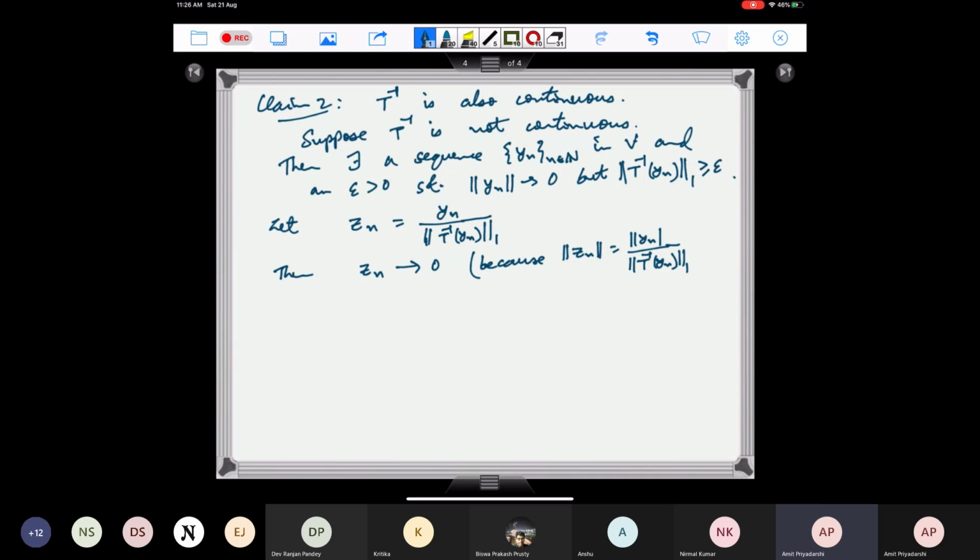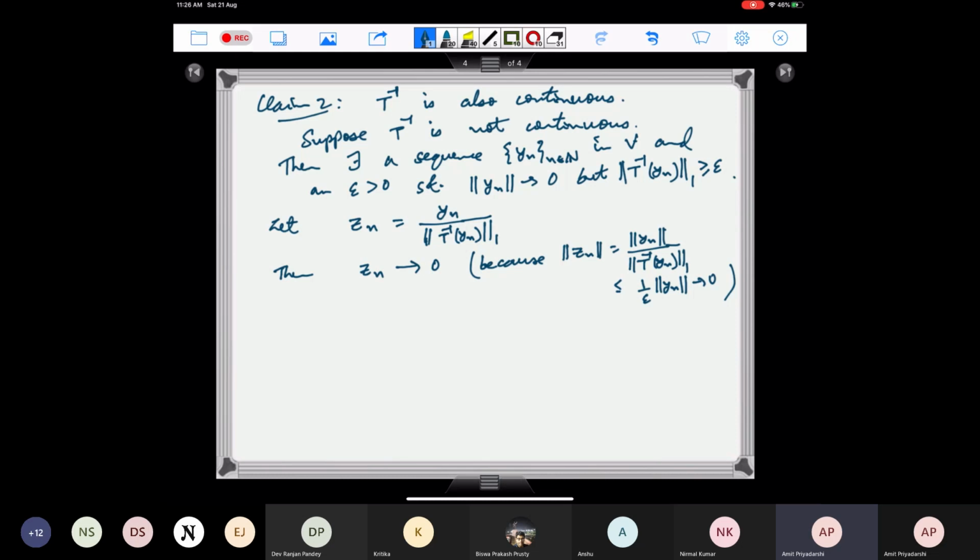But the norm of T inverse yn is bigger than or equal to epsilon, so this will be less than or equal to 1 by epsilon times norm yn. And we have this sequence yn going to 0. So this goes to 0, so zn will converge to 0.